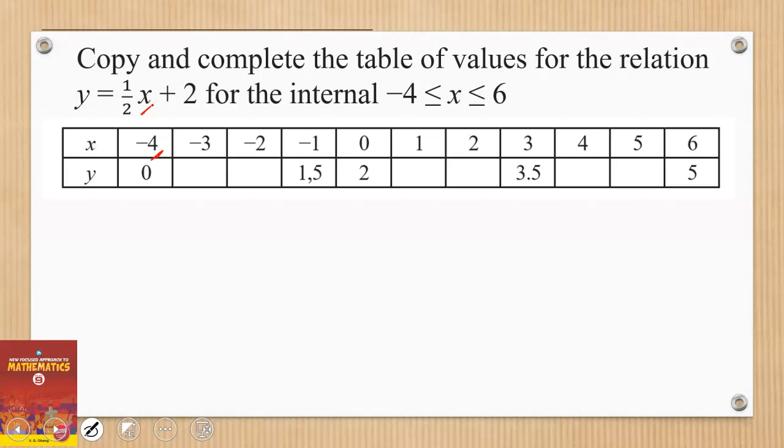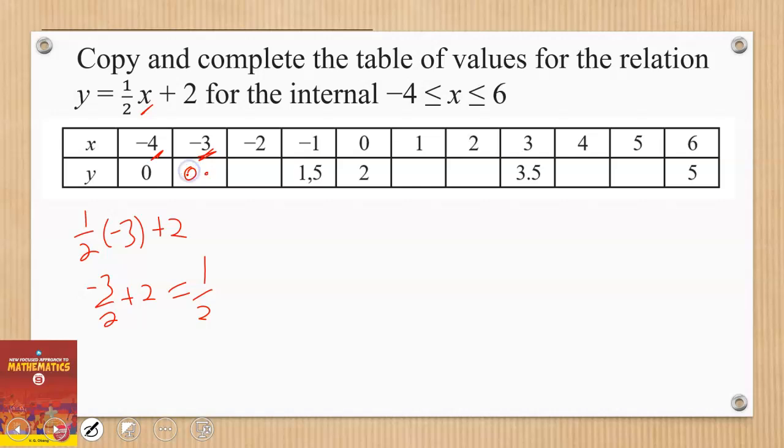Then if x is negative 3, I'm going to have 1 over 2 times negative 3 plus 2. Of course, that is going to give me negative 3 over 2 plus 2. If you're able to do this very well, you are going to get half.